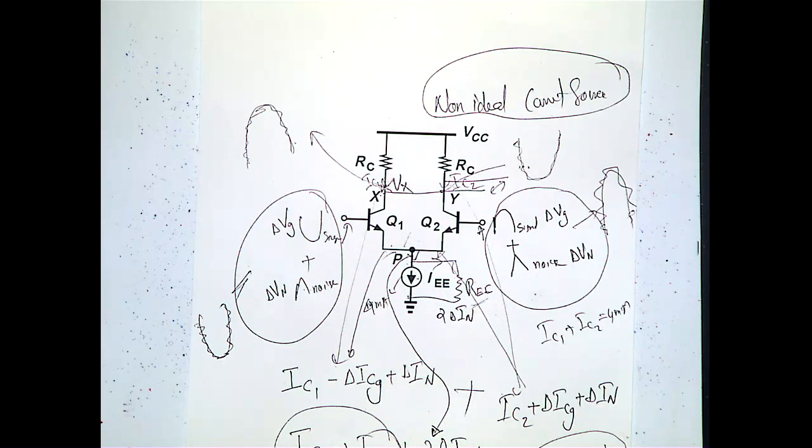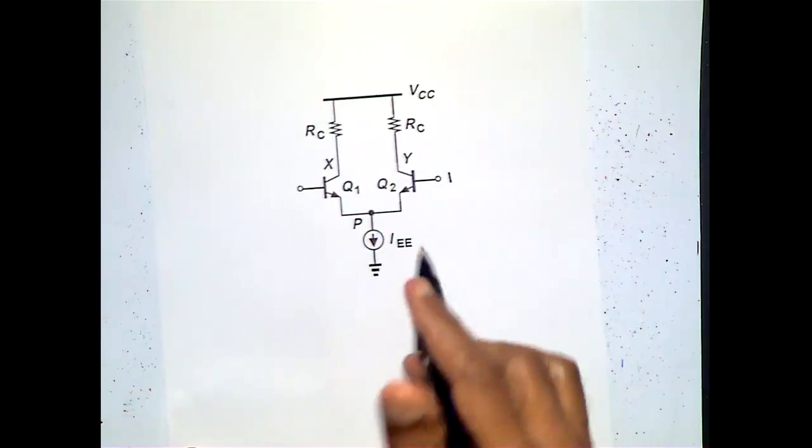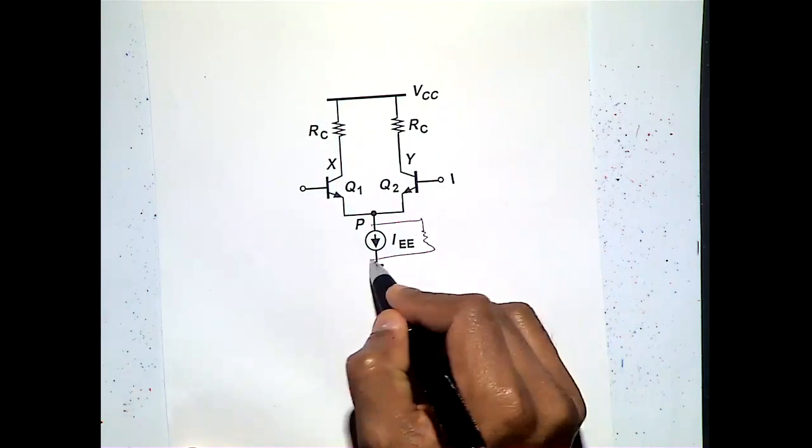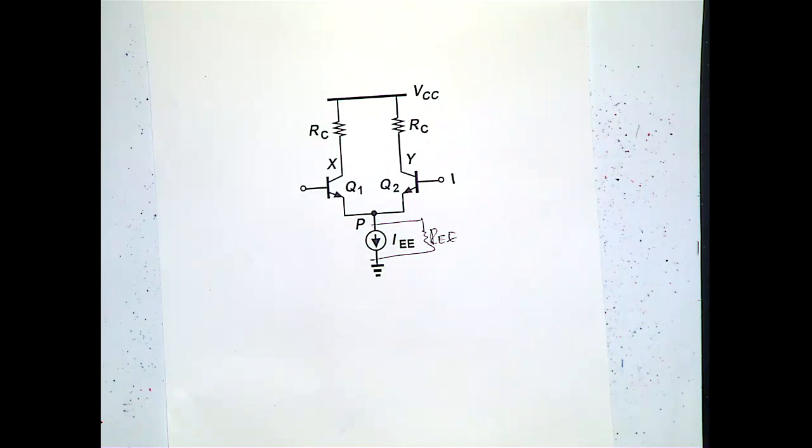And then when you design a chip with a current source that is not ideal, REE, what will happen is, our assumption is Q1 equals Q2, and RC equals RC in both side resistors. But when you fabricate, you can't exactly match it. Whatever technology you use, there will be a very slight mismatch between the components.